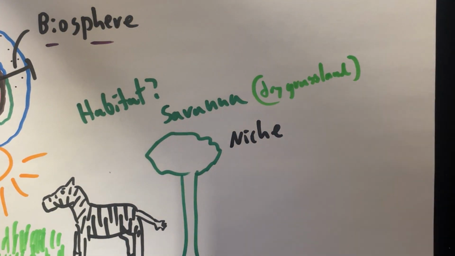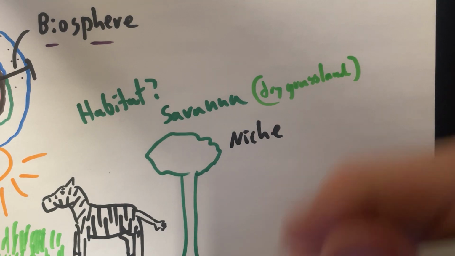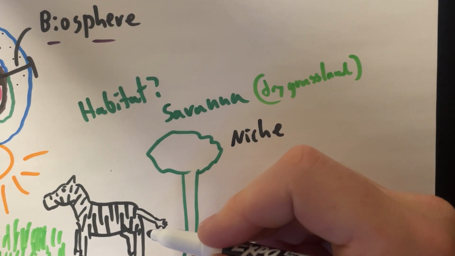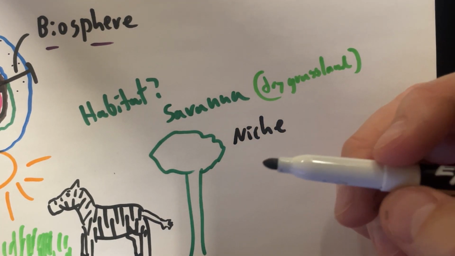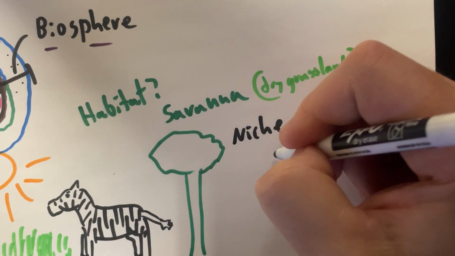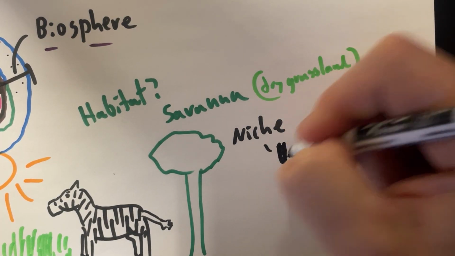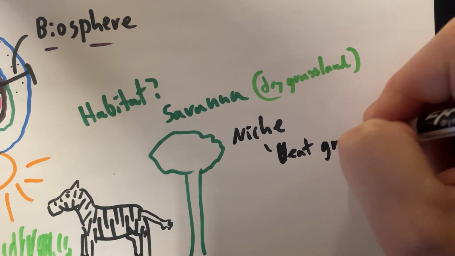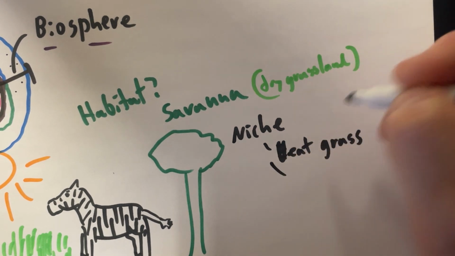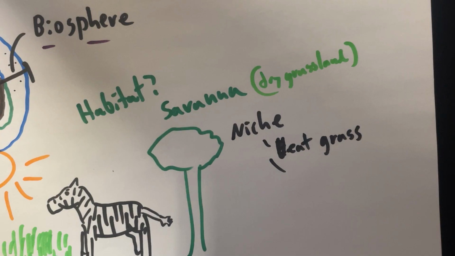So they have a specific role in the circle of life, right? What is the role that zebras play? They're mowers because they eat grass. Eat grass. What else? Any other roles that they might play?